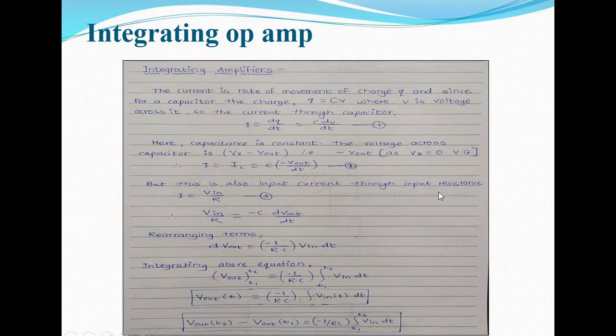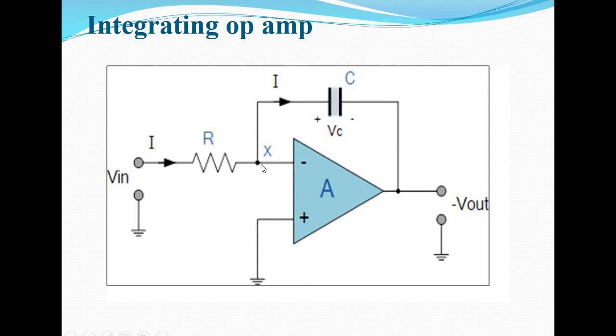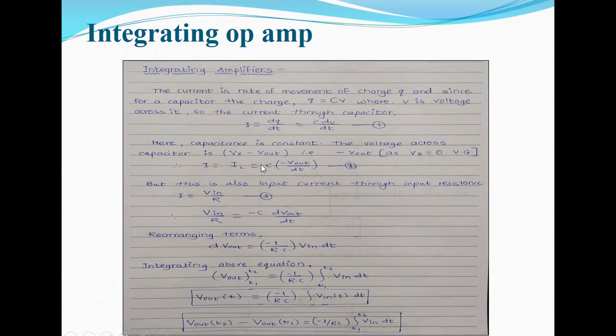That is the voltage difference. So actually X is virtual ground, here you can see X is virtual ground. So Vx is 0, so 0 minus V out. So we will get minus V out since Vx is 0. So replace this value in the above equation, equation 1.